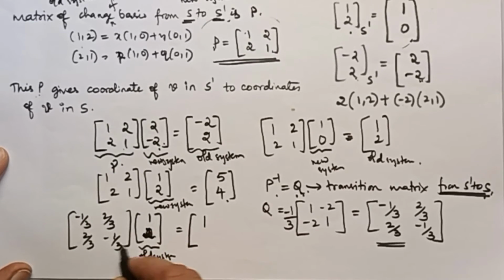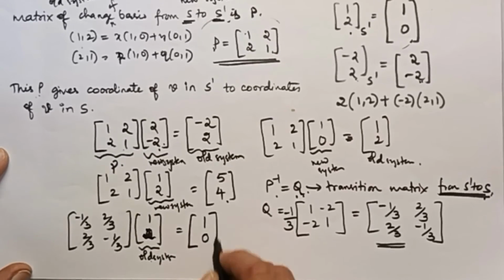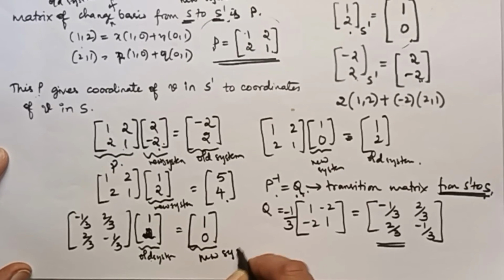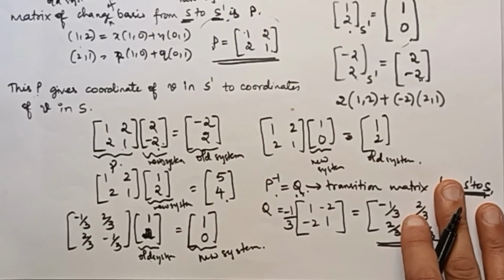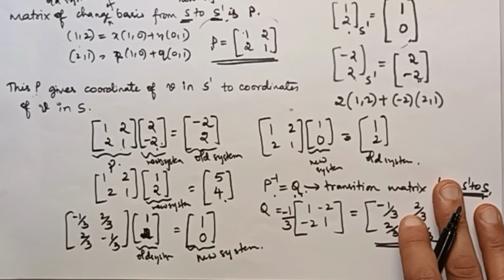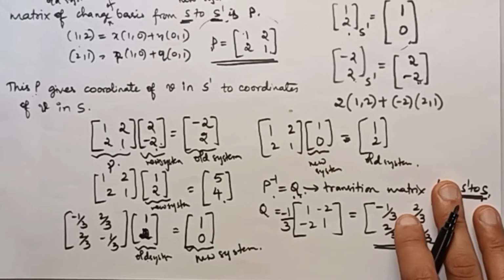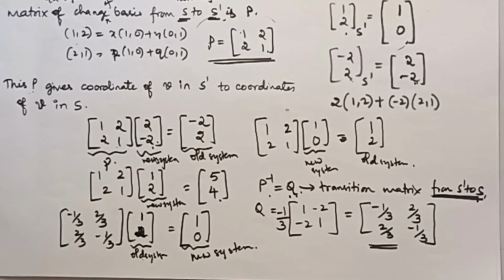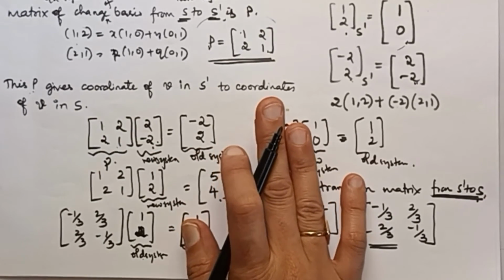Next, 2 by 3 minus 2 by 3, which is 0. Look, this is what it is called in the new system. So the matrix of change of basis helps you to communicate between two different systems. Those two different systems arise due to two different bases. So this is how to get the matrix of change of basis.